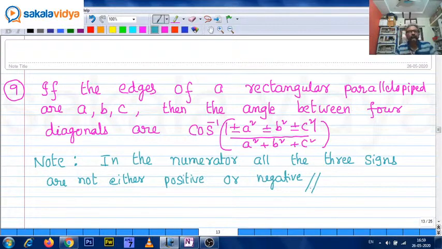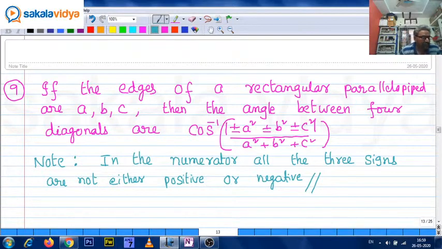Now, for example, instead of a rectangular parallelepiped, consider a cube. In a cube all the sides are equal, A is equal to B is equal to C. So what is the angle between the diagonals?